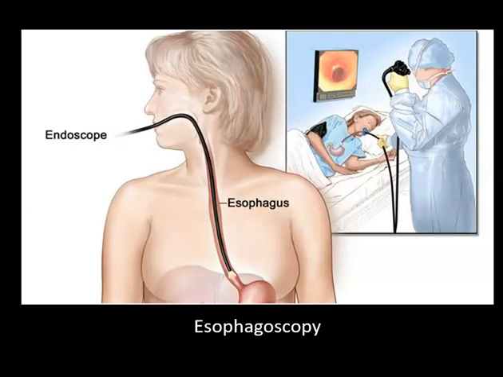I can't think of what it's called, but it's a device that is able to magnify the images on a video screen. And you can actually see that in this diagram here. And so the provider doesn't have to open up their body to actually explore the esophagus. Now, when you're coding endoscopies, it's going to be critical to read the operative note to see what they actually did once they got that scope in, because that is critical.